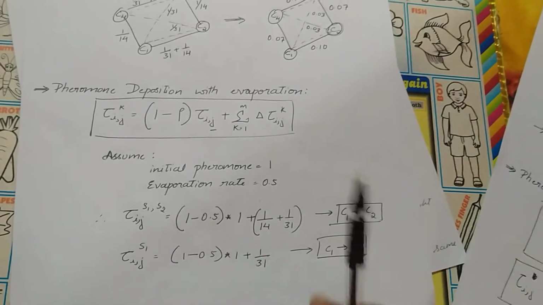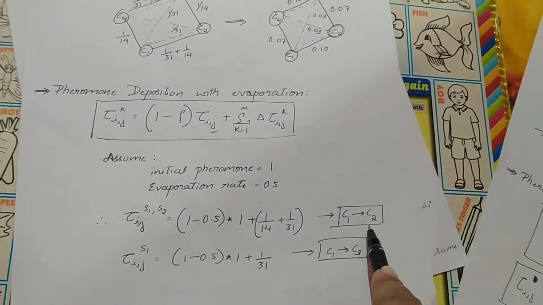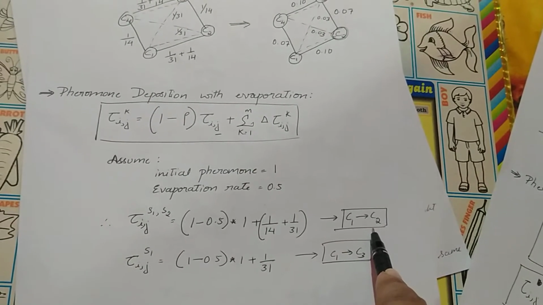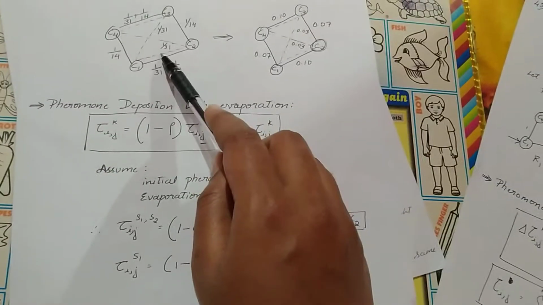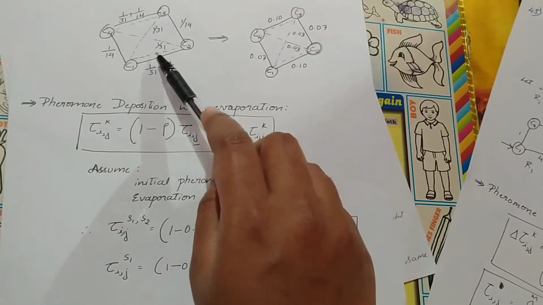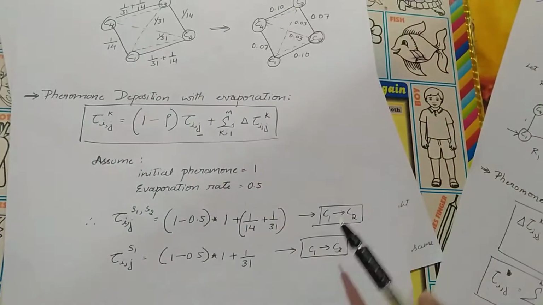For the path C1 and C2, there are two ants moving. Both S1 and S2 travel there.